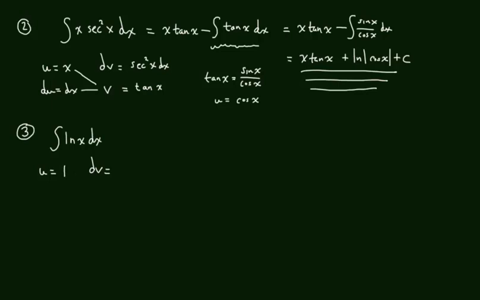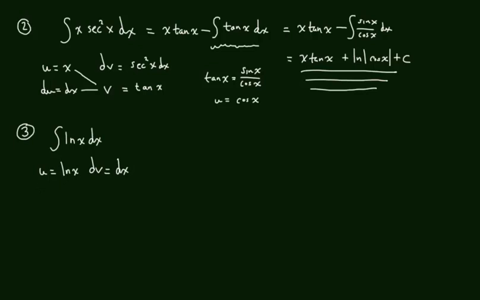The reason is, if u is equal to 1, dv is everything else, and I have to find that antiderivative, and that brings me right back to where I started. So we need a different choice. Well, dv has to include dx, so dv has to be simply dx, which means u has to be the natural log of x.